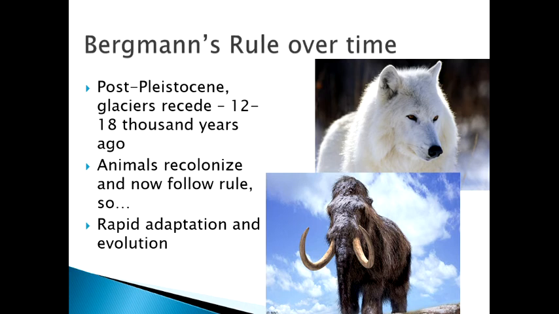So we are sampling animals that have recolonized over this short, less than 20,000 year period, and yet they obey Bergman's rule, meaning this Bergman's rule gets set up very quickly.